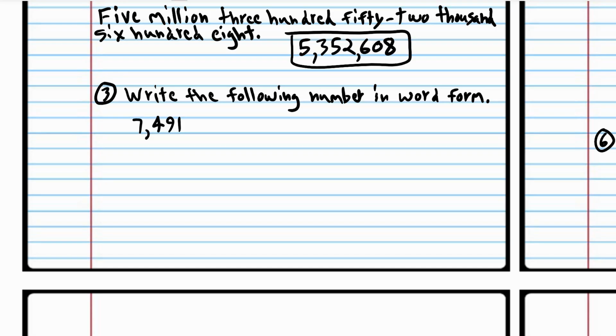All right, write the following number in word form. So 7 here is in the thousands place. So we say 7,000. 4's in the hundreds place, so 400.